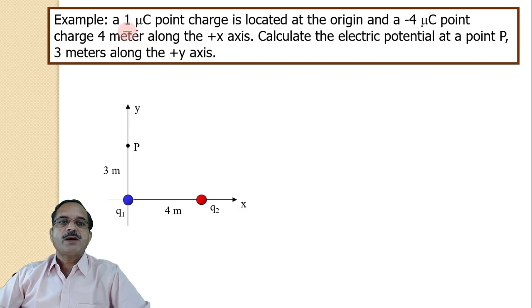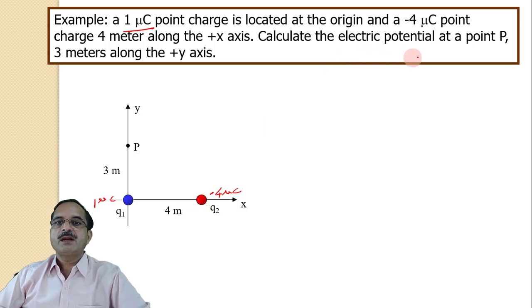A charge of 1 microcoulomb is located at the origin and a minus 4 microcoulomb point charge is 4 meters along the x-axis. So there is a charge of 1 microcoulomb and a charge of minus 4 microcoulomb at this point 4 meters along the x-axis. Let us suppose this is Q2.